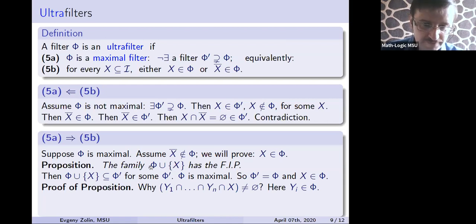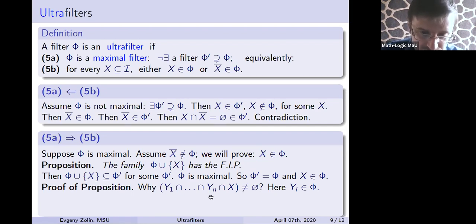We need to take finitely many sets from this family. For example, y1, ..., yn, and X. So the sets yi are in our filter. And why is this intersection not empty?